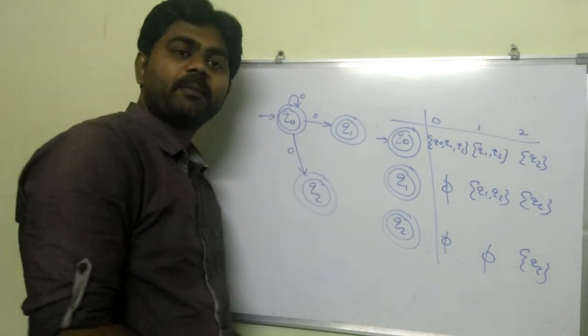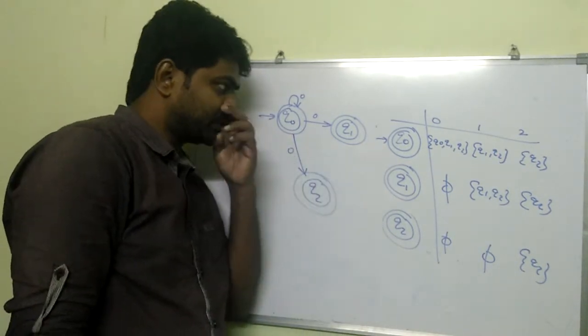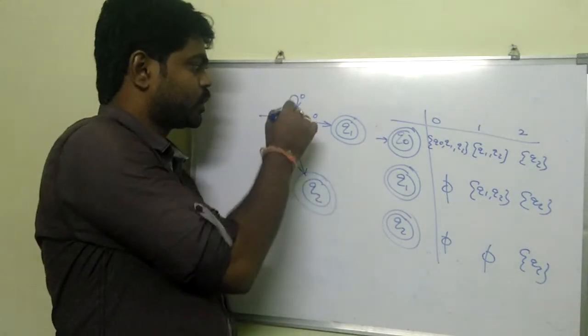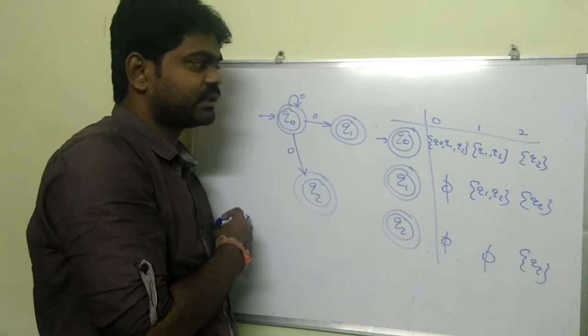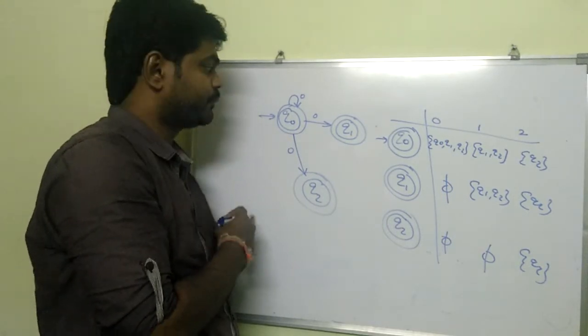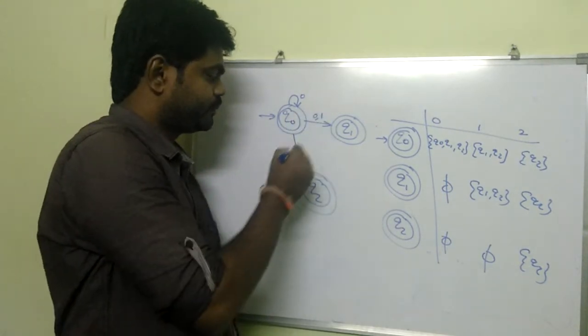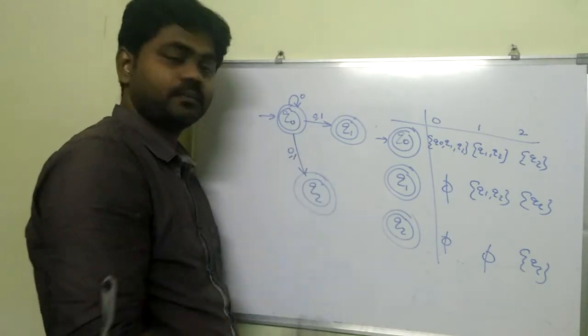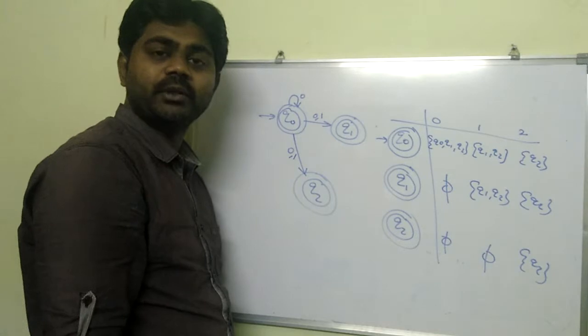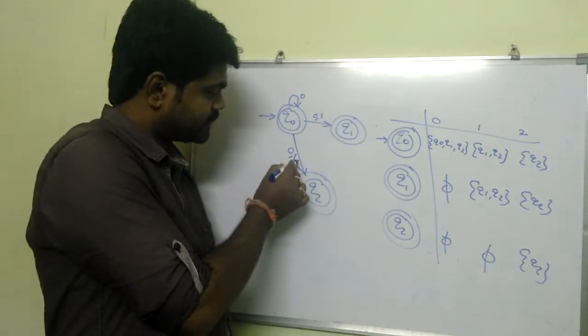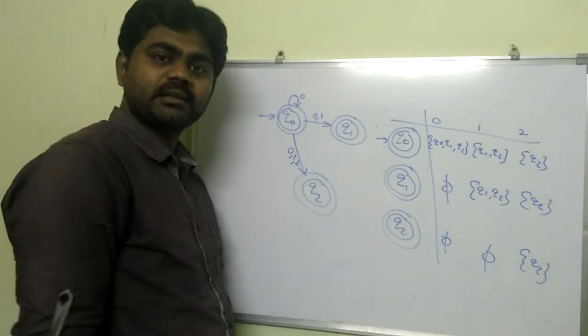If I apply 0 on Q0, I am going to Q0, Q1 and Q2. Next, Q0 on 1, I am going to Q1 and Q2, so comma 1, comma 1. Okay. Q0 on 2, I am going only to Q2, so comma 2. Right? So that is over.